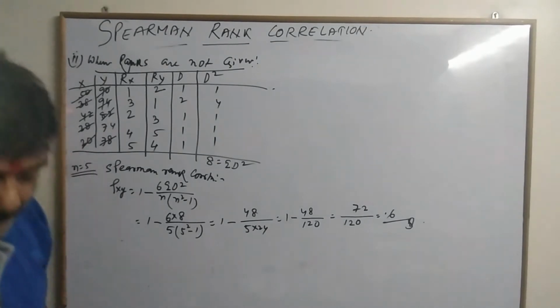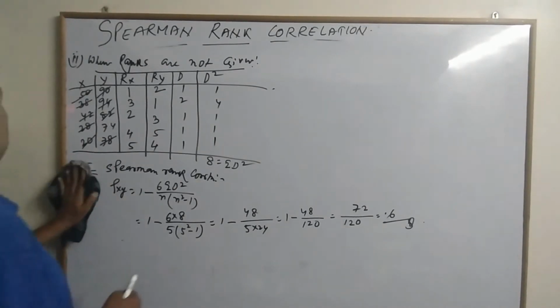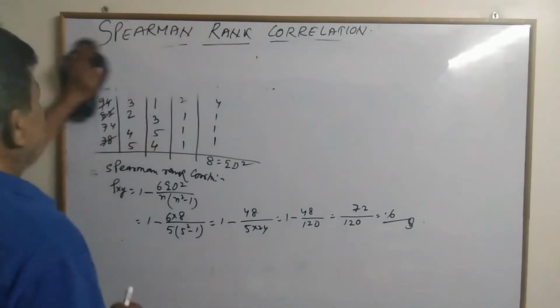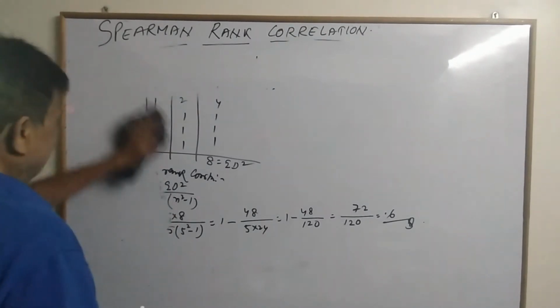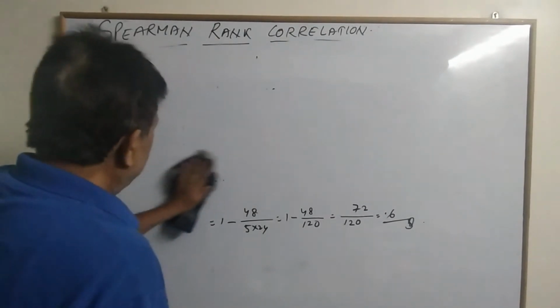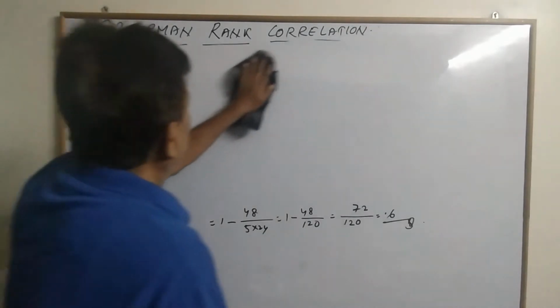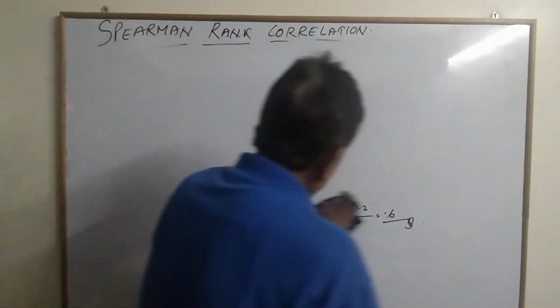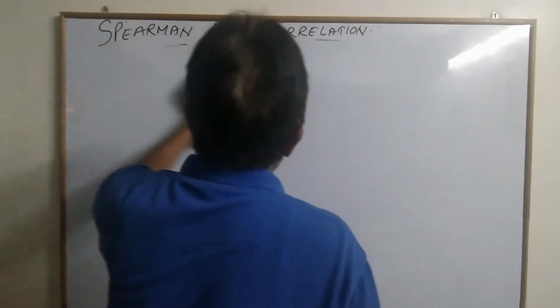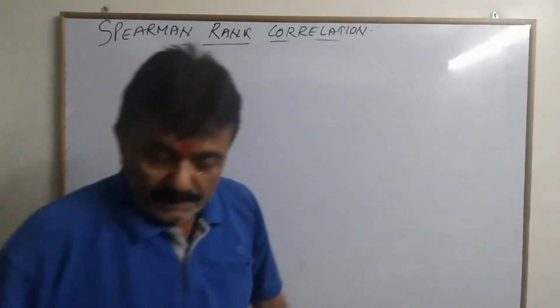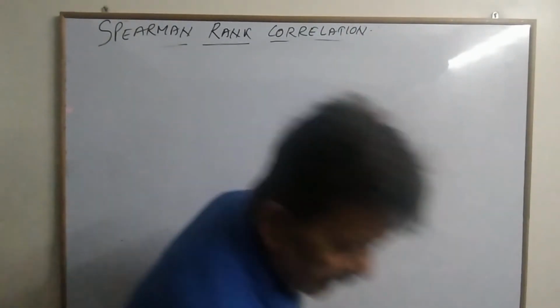And finally, we could have a situation when there is a repetition of numbers, like what we have seen right now, in the x column and y column, in any one column or in both of the columns. That could be the situation when a number is repeated twice, thrice.